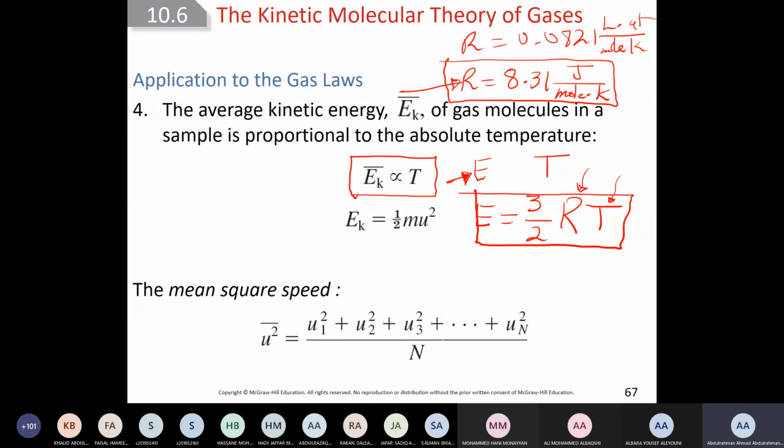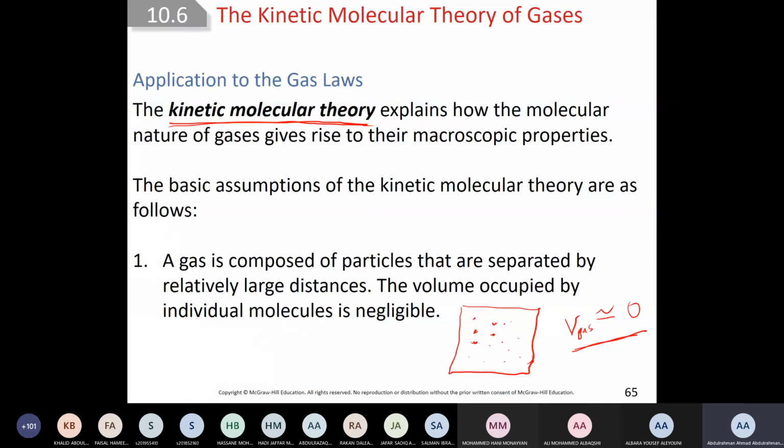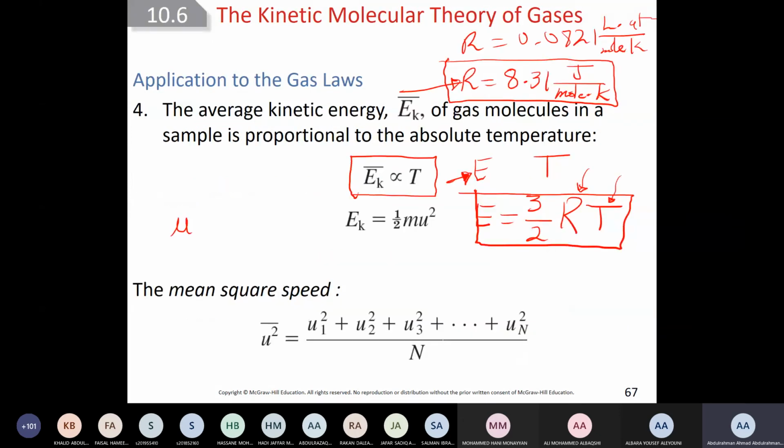Now, the speed of each molecule. We're going to consider how fast each molecule is moving at different speed. Let's go back to this one. Each molecule here is moving at different speed. Maybe this one's speed is U1, this one is U2, this one is U3. We calculate what's called root mean square.